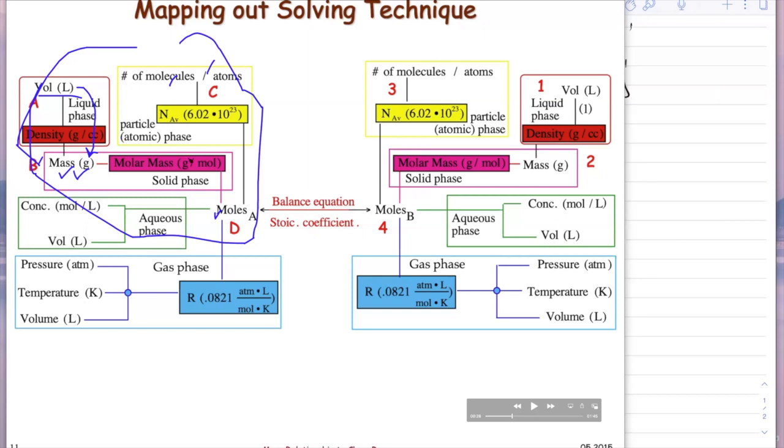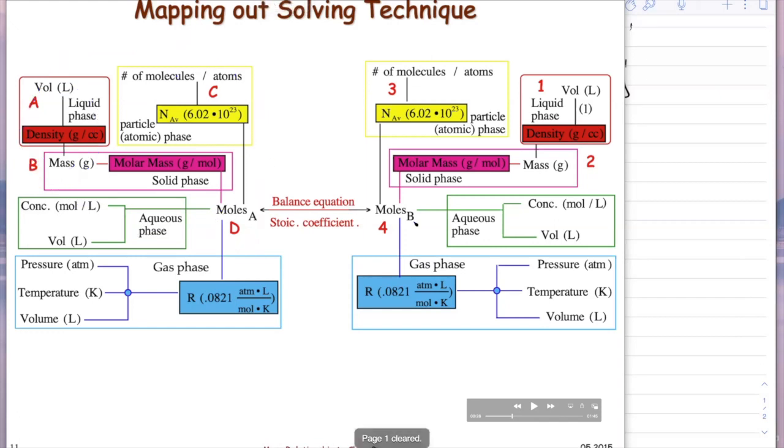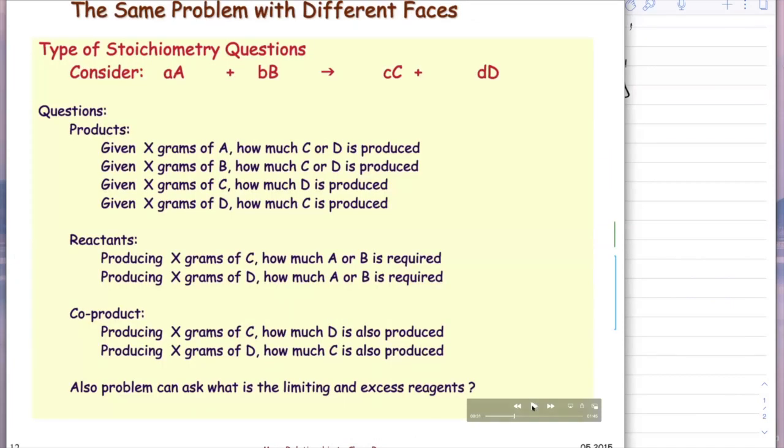If you are dealing with a reaction, then what you need, of course, is the balanced equation. And the balanced equation is what we covered in chapter 7. So in terms of the stoichiometry map, we talked about this last time, because the reason why I gave this slide was to let you know that a lot of the questions may look different, but they all have the same type of strategy in solving.